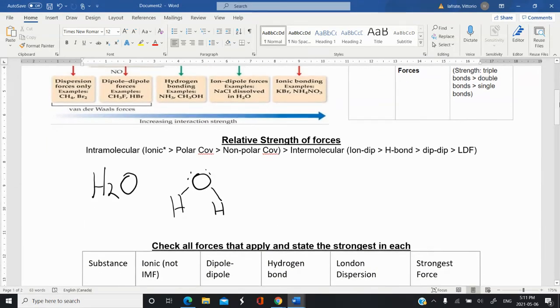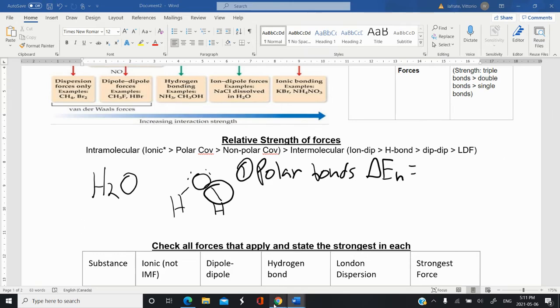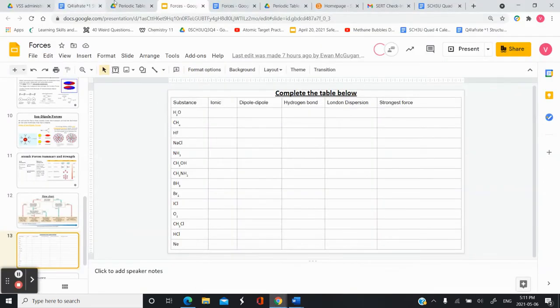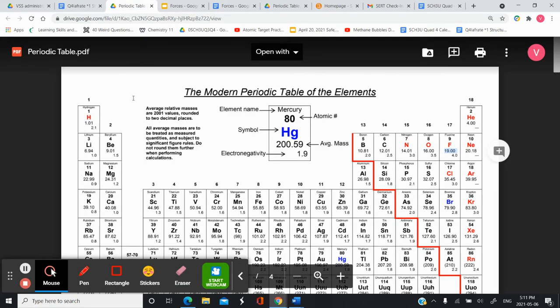I asked myself a couple questions. First of all, are there polar bonds? If you find the electronegativity difference between hydrogen and oxygen, you would see that there are polar bonds. The electronegativity of hydrogen is, let's go to the periodic table, 2.1, I believe. Yep. And the electronegativity of oxygen is 3.5.